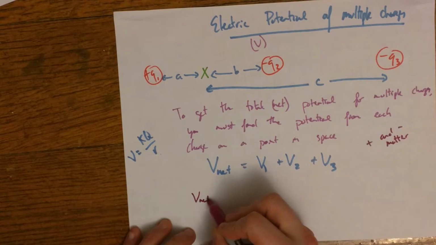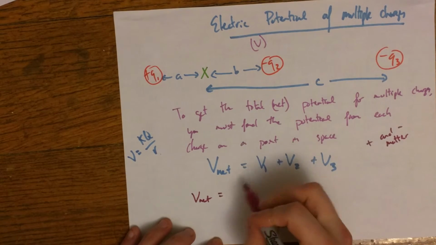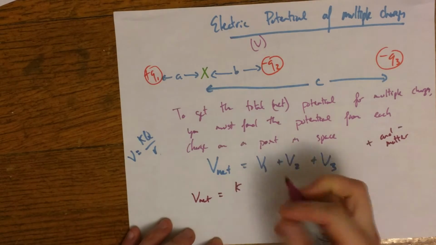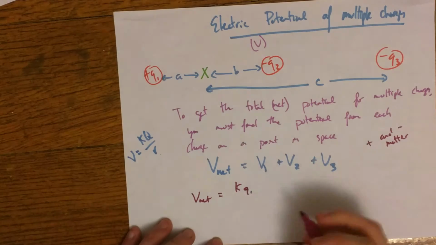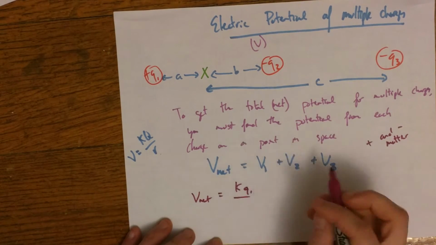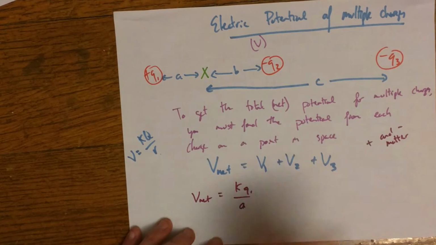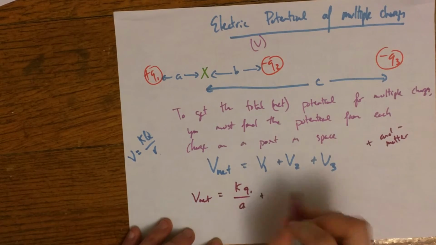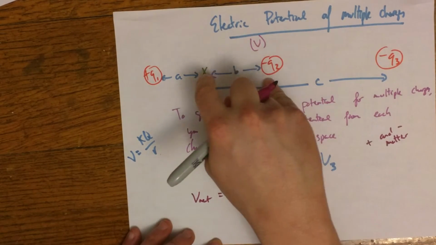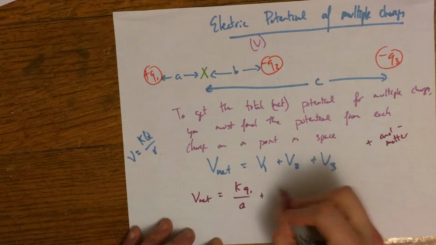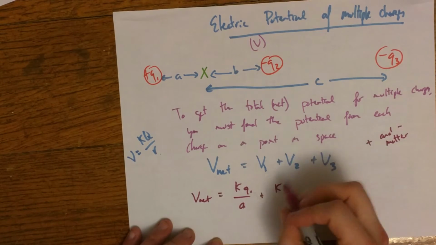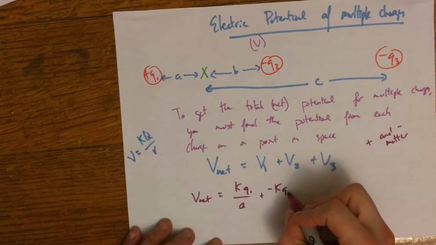So V net is, let's do this, K Q1, that's the first charge that I'm looking at. That's a positive charge, so I don't need to add a negative in there. The distance away is A. V2, the second charge on this point in space, is K, well, that's a negative Q2, so I'm going to pull the negative out in front.